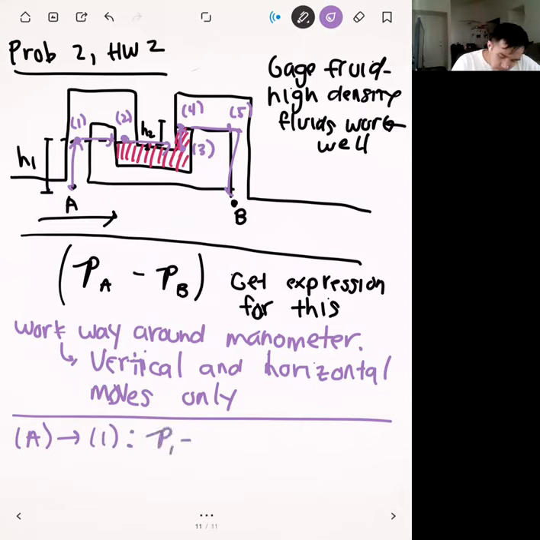For this particular case, it'll be P1 minus PA, because point 1 is the higher point and A is the lower point. This is equal to minus the height difference, so we have H1 times the density. Let's say that the density of the fluid here is ρ1, times gravity.